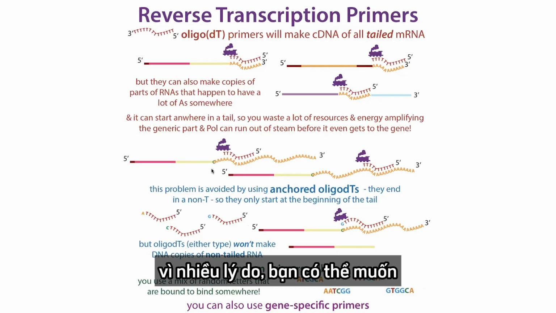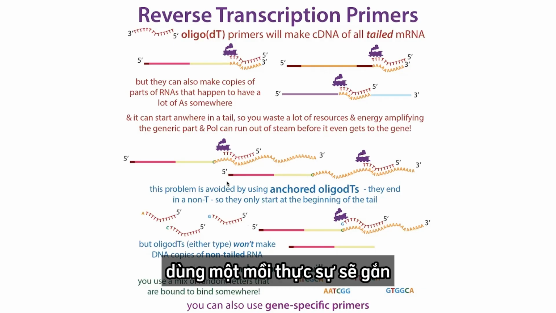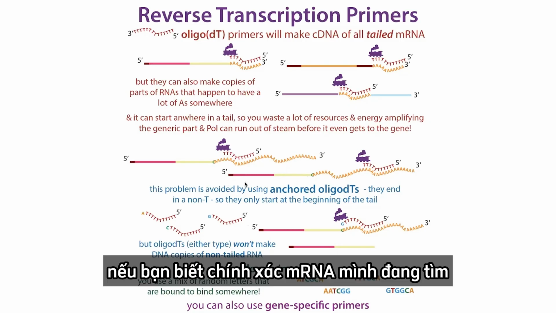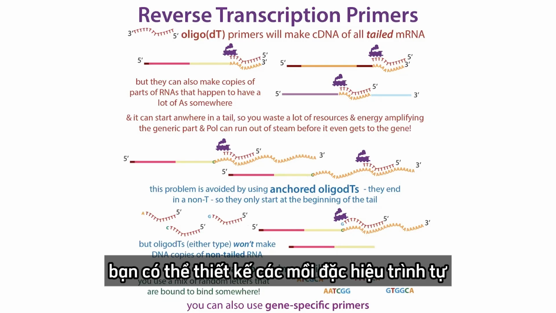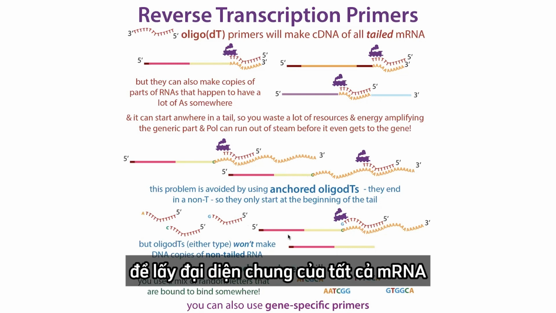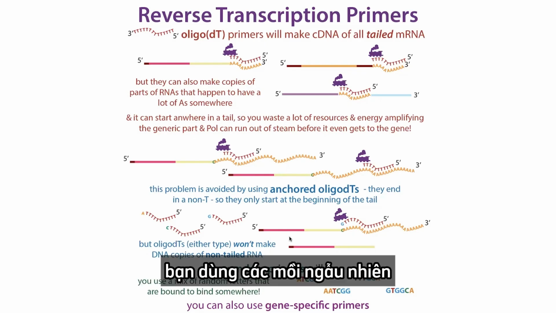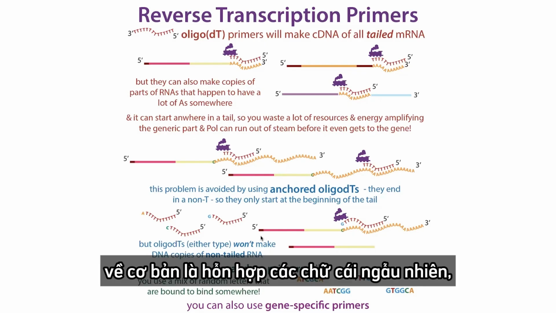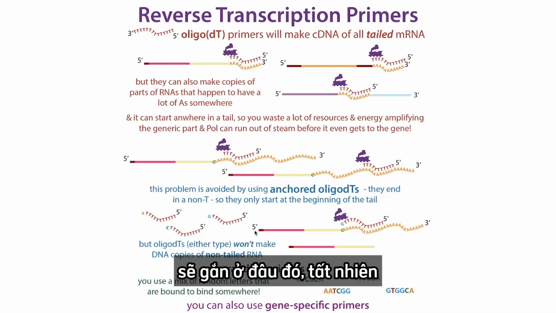So for various reasons, you might want to have a primer that's going to bind internally inside your messenger RNA. If you know what specific messenger RNA you're looking for, you can define sequence-specific primers. But if you don't, you can use random primers if you want a general representation of all of the messenger RNAs. Random primers basically have a mix of random letters that are able to bind somewhere.